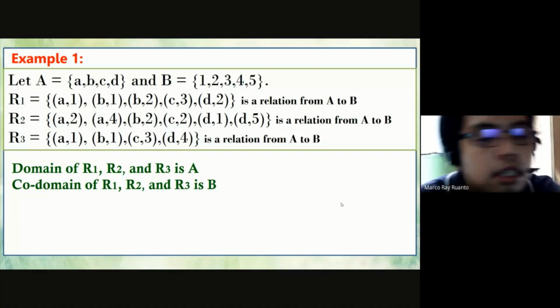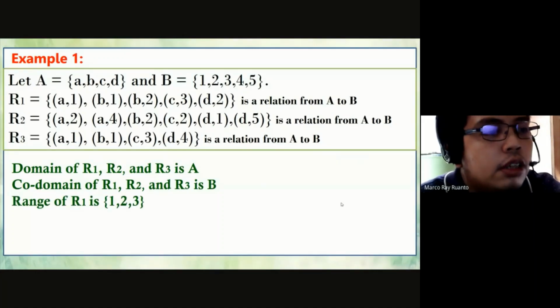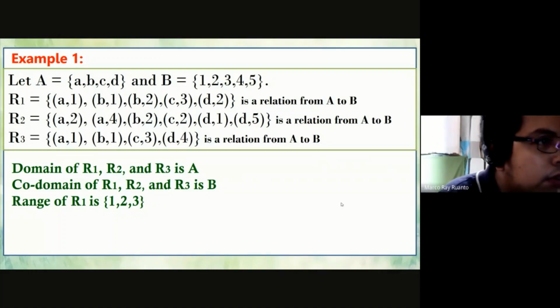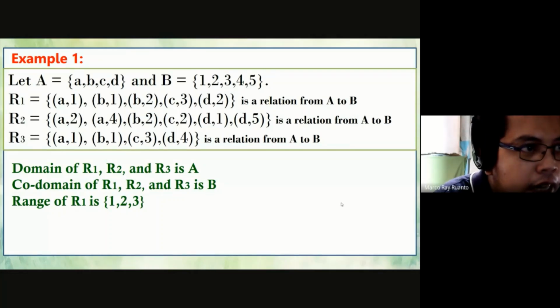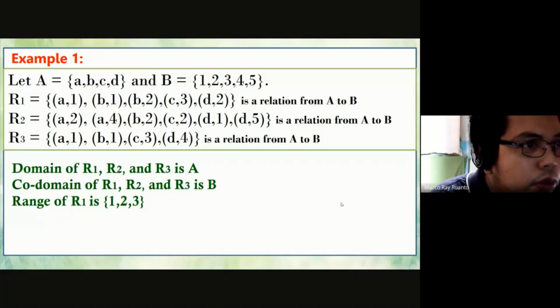So we can say that the range of R1 is 1, 2, and 3. Looking at the y values of the first relation, we have 1, 2, 3. We don't repeat 1 and 2, we will just name each once. R2's range is 2, 4, 1, and 5.